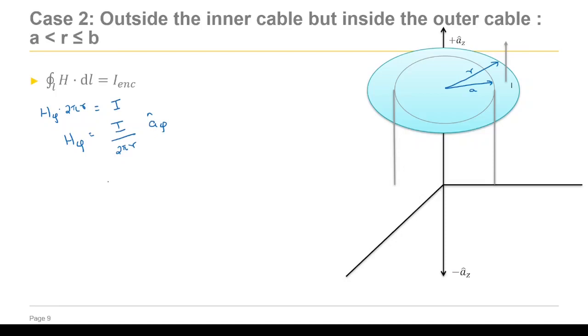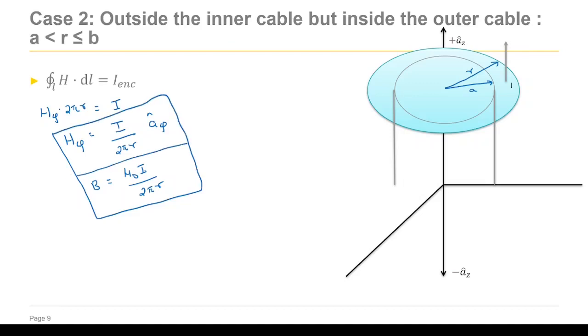And as we wrote earlier, the magnetic flux density is going to be mu 0 I divided by 2 pi r. Now this is because the Amperian current enclosed is equal to the total current in the inner conductor.